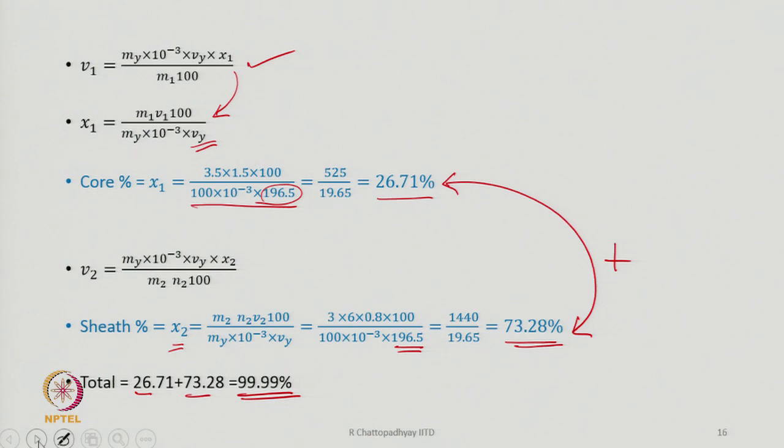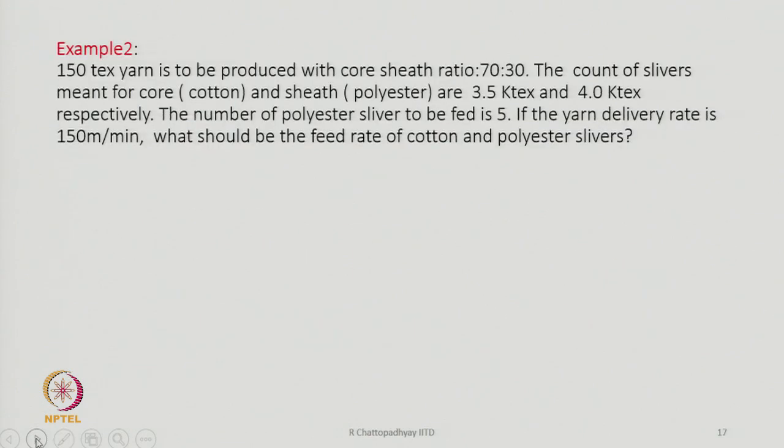We will take another example. What is this example now? Example number 2. Read the example. 150 tex yarn is to be produced with core sheath ratio 70:30.